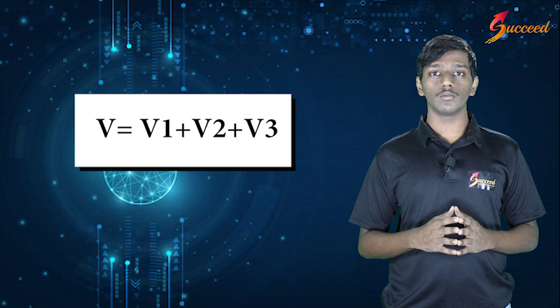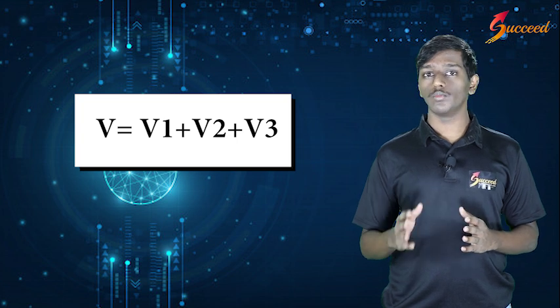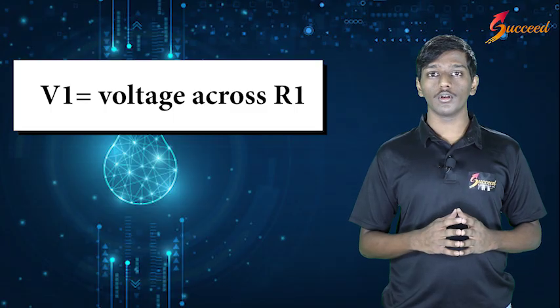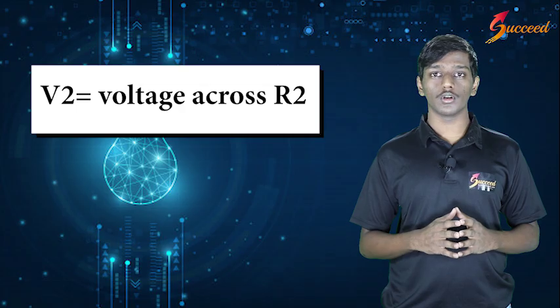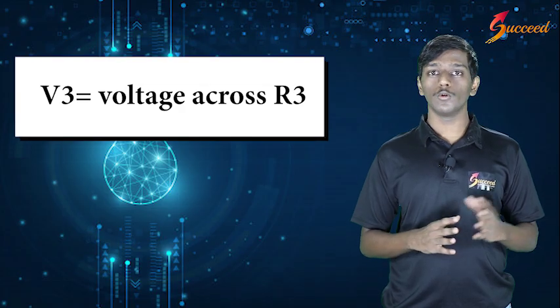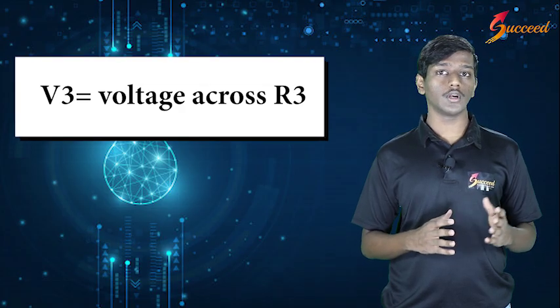We see that the voltage across the battery is equal to the sum of the voltages across each resistor. So we get the equation V is equal to V1 plus V2 plus V3, where V1 stands for the voltage across R1, V2 stands for the voltage across R2, and V3 stands for the voltage across R3.